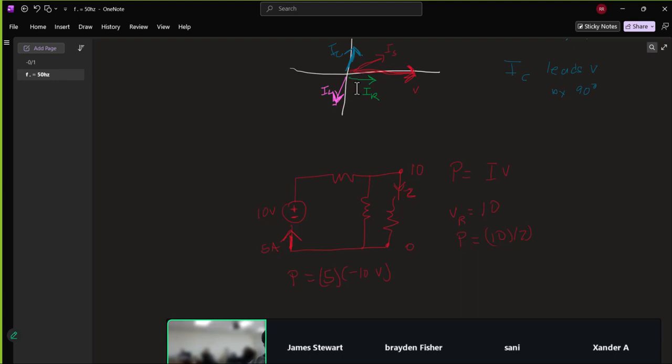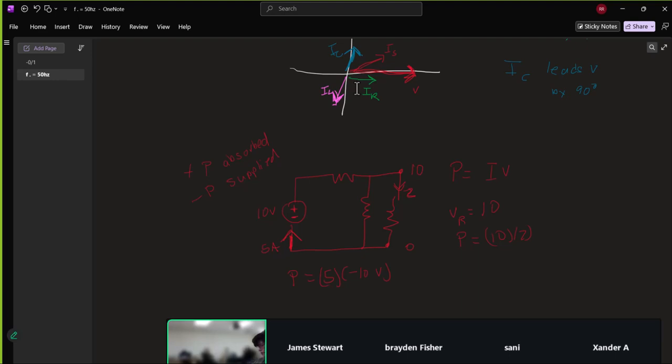So you take the sign of the voltage there, and if you got a positive power, that would be absorbed, and a negative power would be supplied.